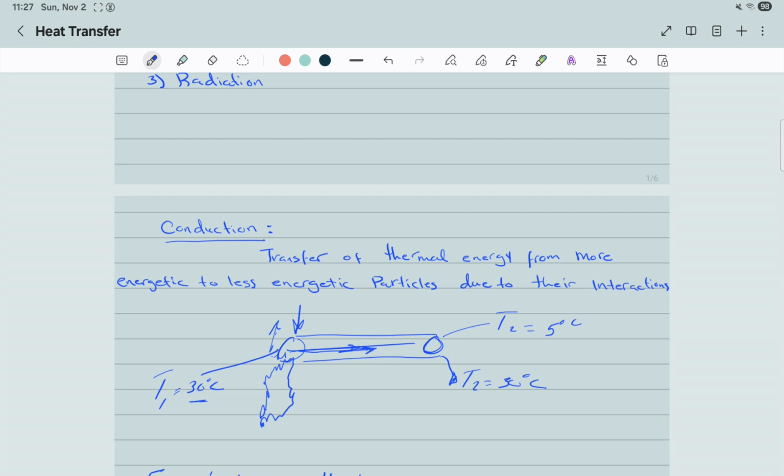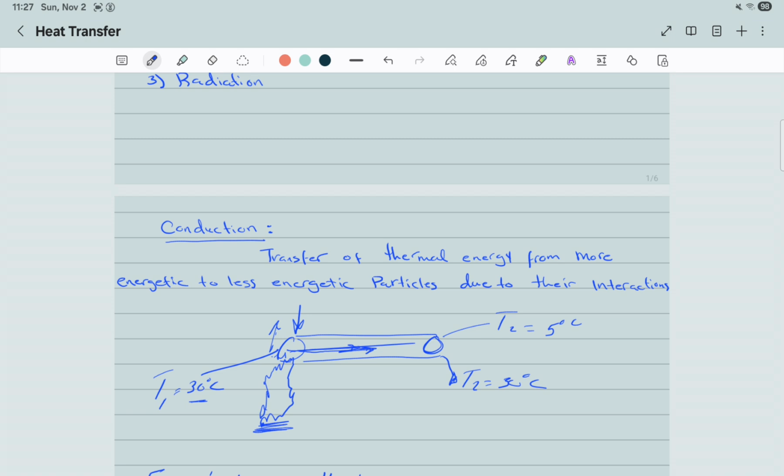So if we assume I have a steel rod and I apply a hand torch to one end of that rod, what would happen at that end is the particles will gain energy, causing them to move around and become more energetic.